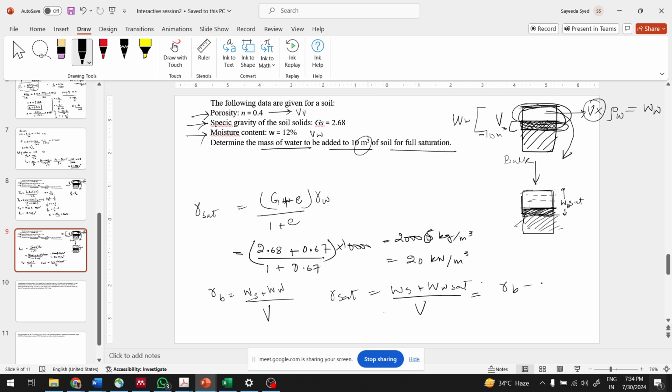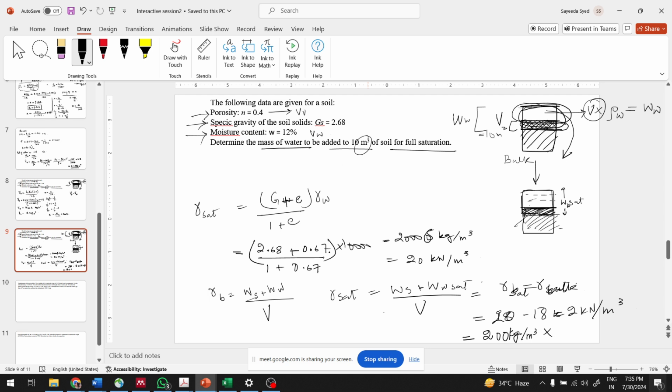So the answer will be gamma saturated minus gamma bulk, which will be 20 minus 18, which is 2 kilonewton per meter cube, which is equivalent to 200 kg per meter cube.